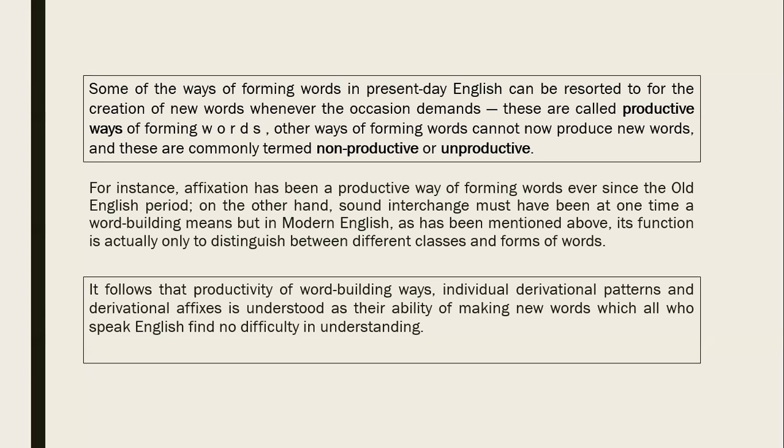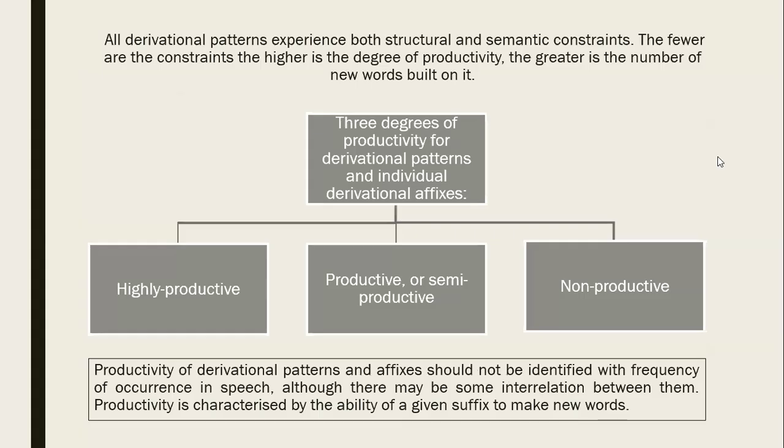On the other hand, sound interchange must have been at one time a word-building means, but in modern English, as has been mentioned above, its function is actually only to distinguish between different classes and forms of words. It follows that productivity of word-building ways, individual derivational patterns and derivational affixes is understood as their ability of making new words, which all who speak English find no difficulty in understanding.